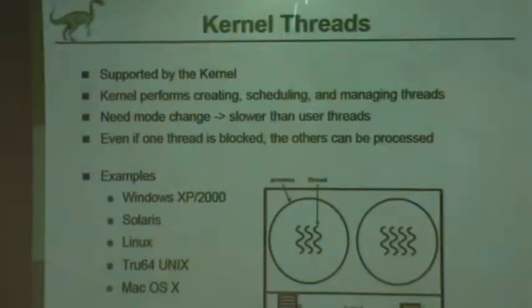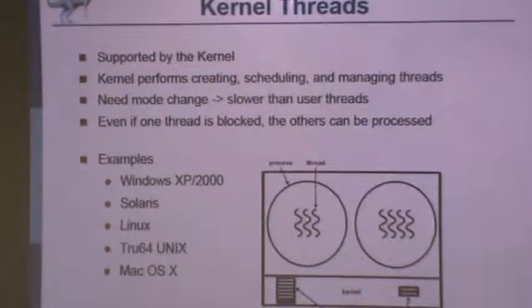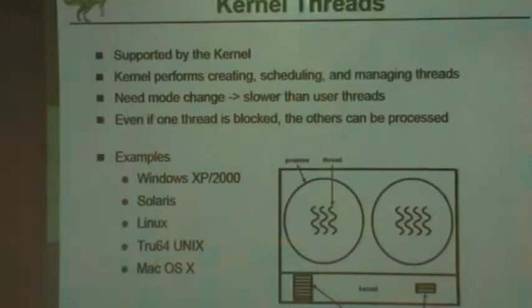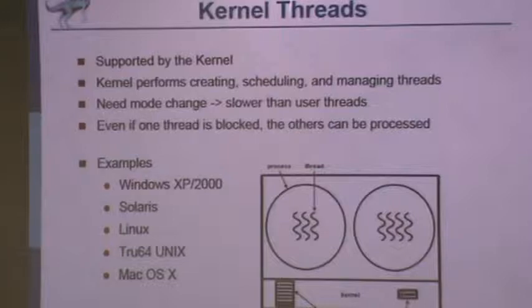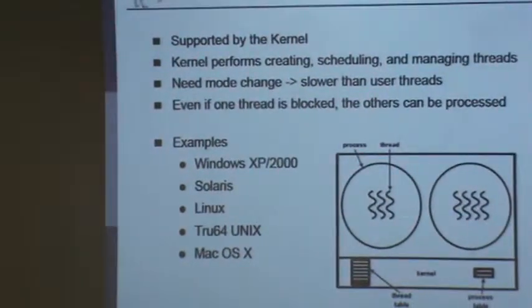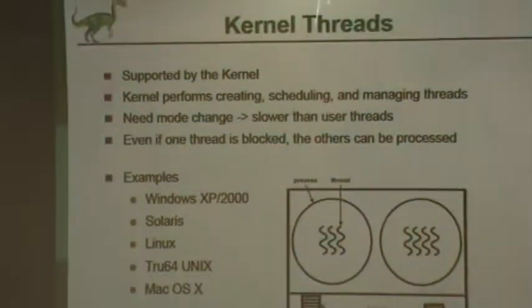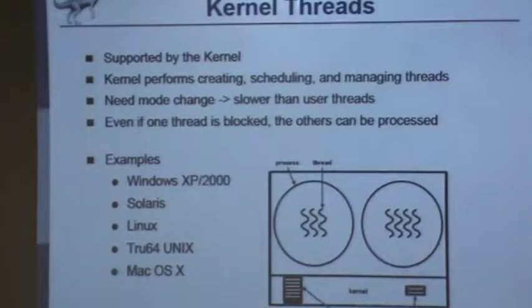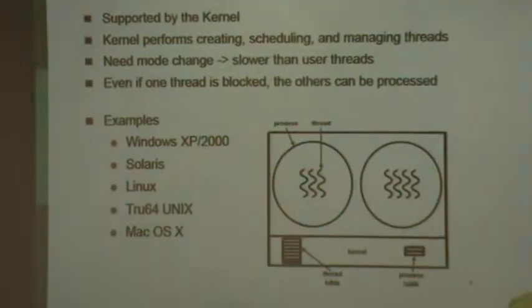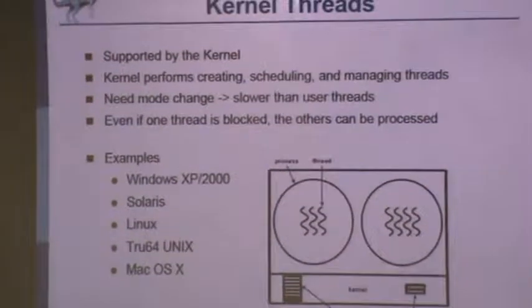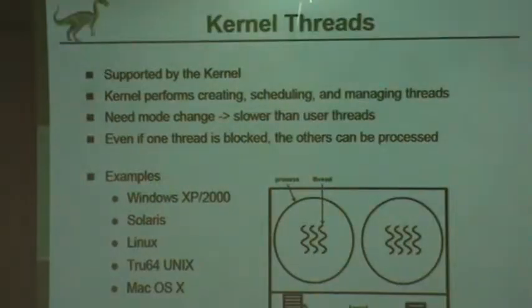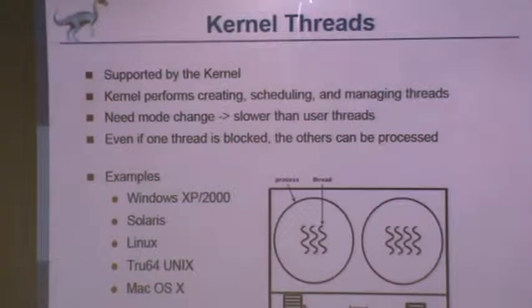There's another situation here: even if one thread is blocked, the others can be processed, which is a contrast to the other model. When you connect from user threads to kernel threads, we use a many-to-many connection, so we can solve that situation, so that even if one thread is blocked, the others can be processed. As examples of kernel threads, you'll see all the popular operating system platforms have their own kernel threads.